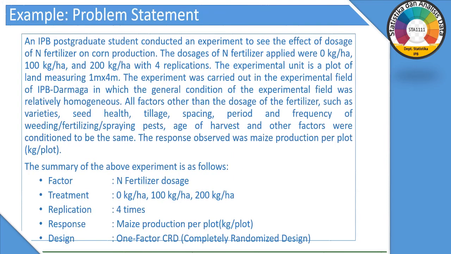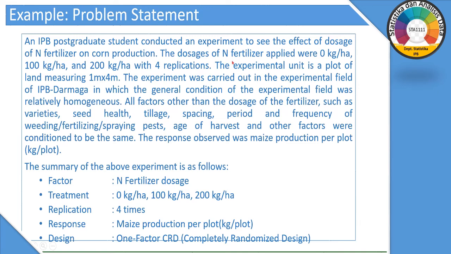So this is an example. Let's say a postgraduate student in IPB University conducted an experiment to see the effect of dosage of N fertilizer on corn or maize production. So sometimes you call it maize, sometimes you call it corn.